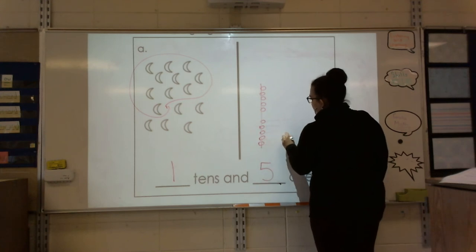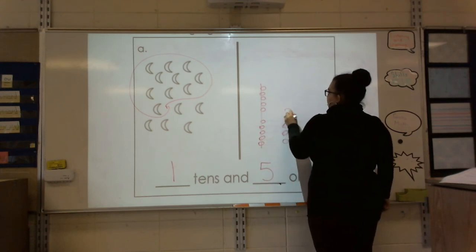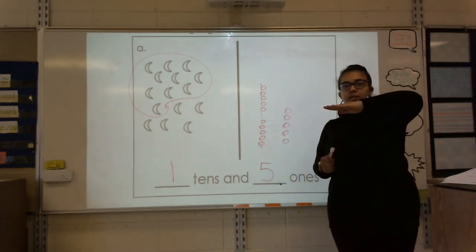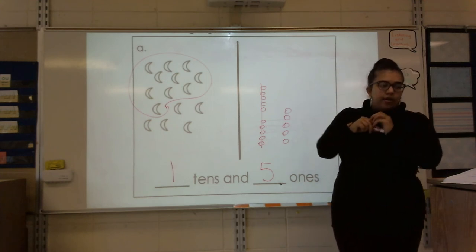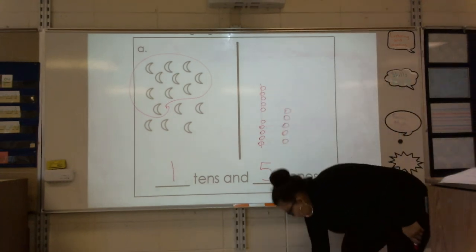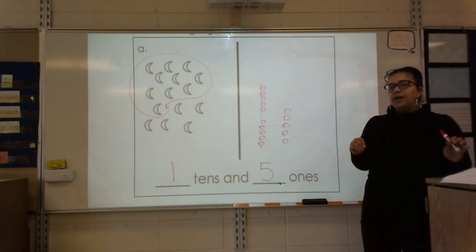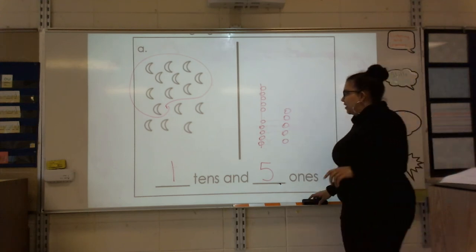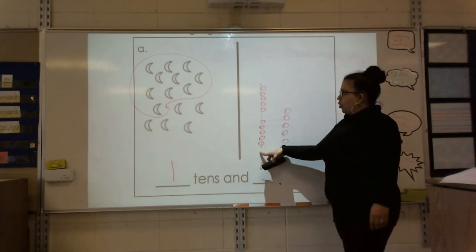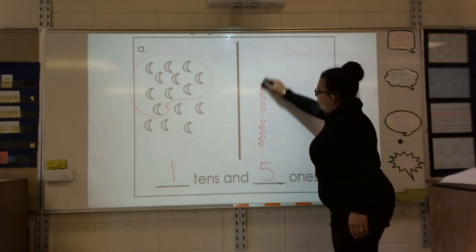Whoop! 1, 2, 3, 4, 5. Remember, we turned it. We're up and down now. And that line through it, much like it used to be a circle around it, tells us that it is a group of 10. So one group of 10 and 5 ones.